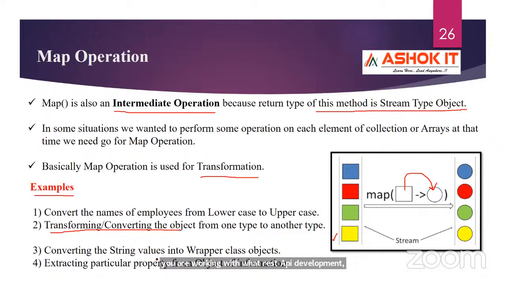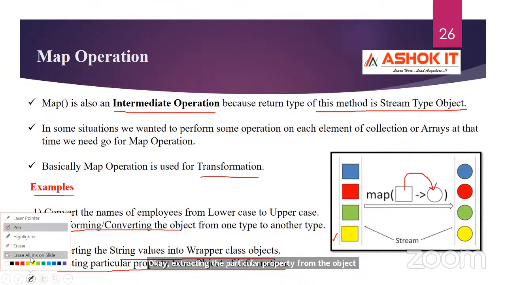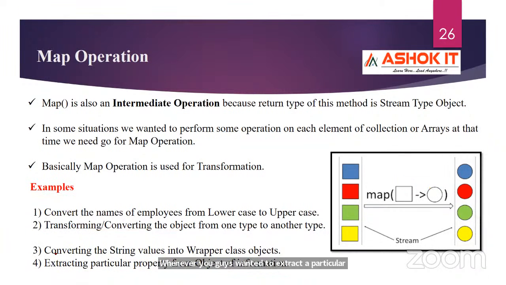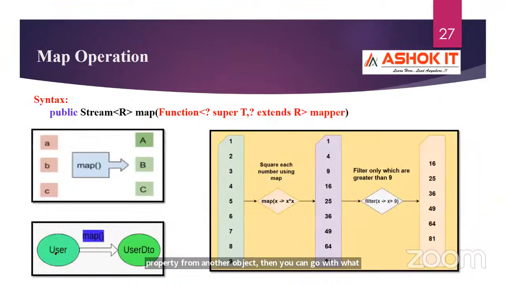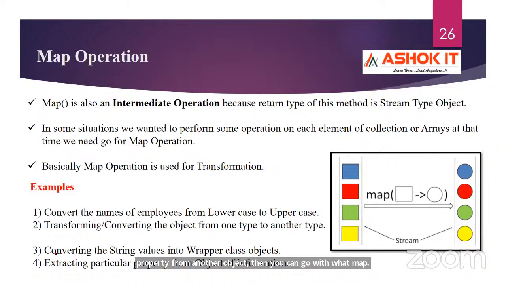In such cases you can also use map. Converting string values into wrapper class objects, or extracting a particular property from an object, you can go with map. Understand my point?